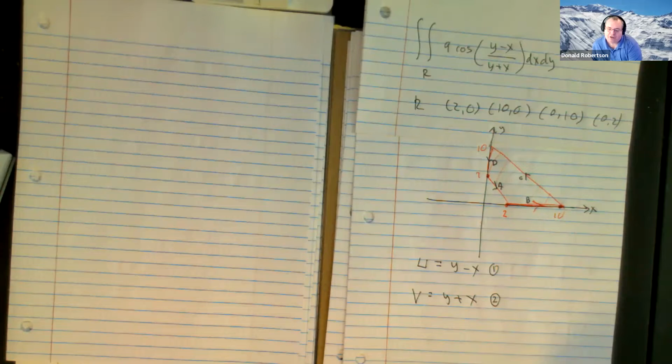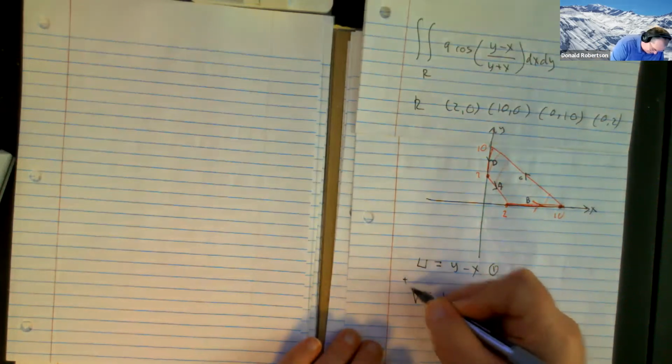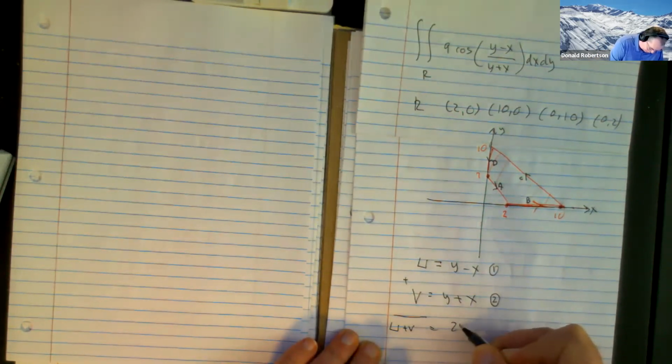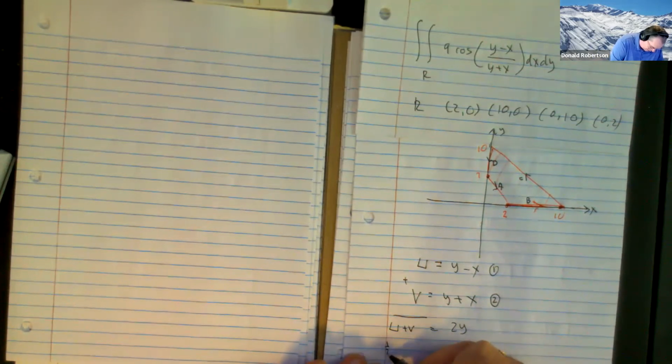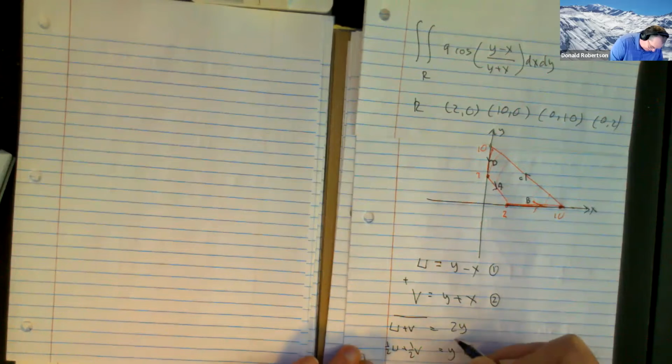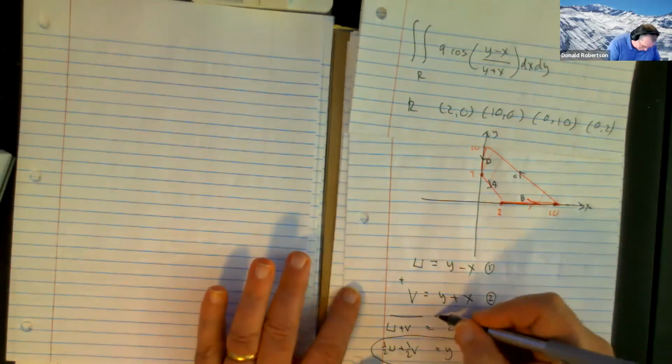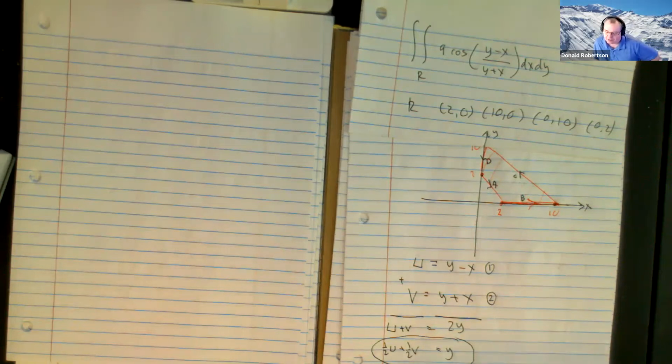If you add those two equations together, you get u plus v equals 2y. So won't that make y a half u plus a half v? Are you comfortable that by adding them together, the x's cancel, and I get 2y and then divide by 2?